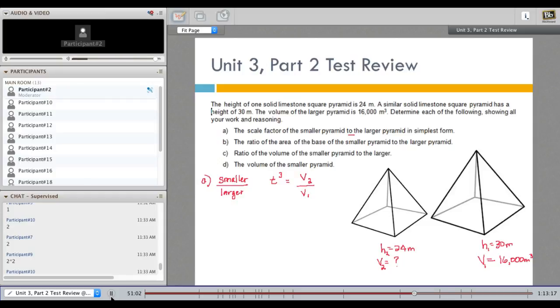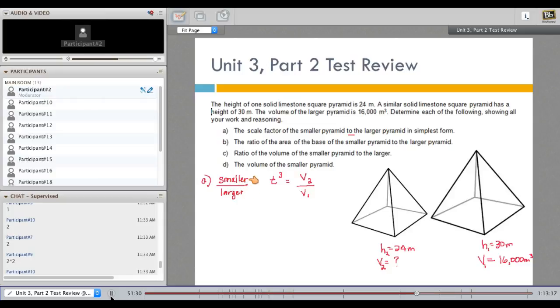If we call our smaller, it's smaller to larger, which is volume 2, our smaller volume, over volume 1. Does that confuse you guys too much? Do you guys see what I'm doing here? I wouldn't stress out too much about the 1 and the 2 for this particular problem. As long as this part makes sense, you guys should be all right.